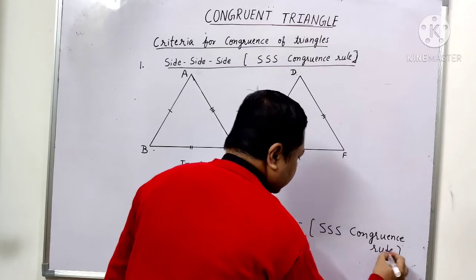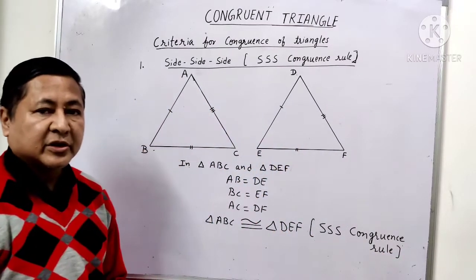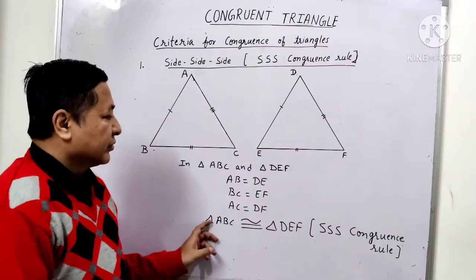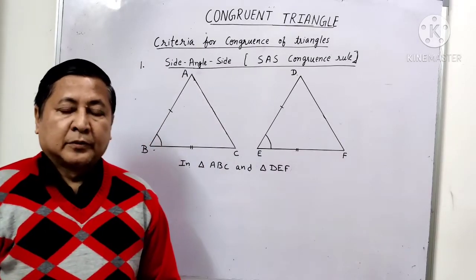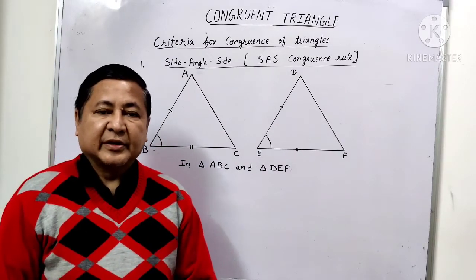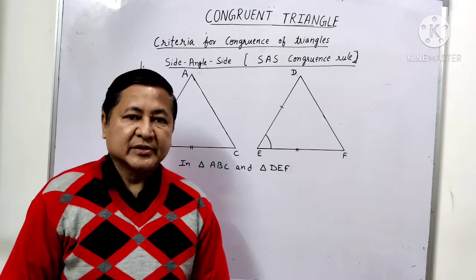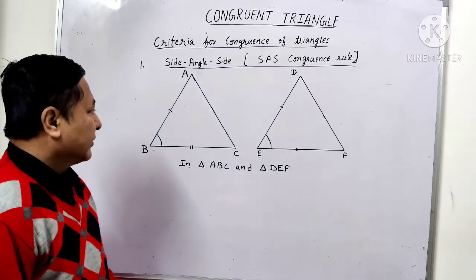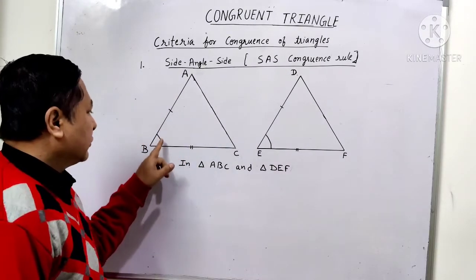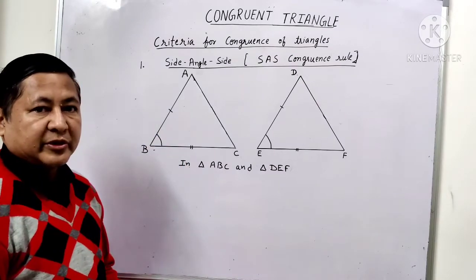So this is the first criteria for the congruence of triangles. Now let us take the second criteria for congruence of triangles, and that is SAS. That means two sides and one included angle between these two sides should be there.